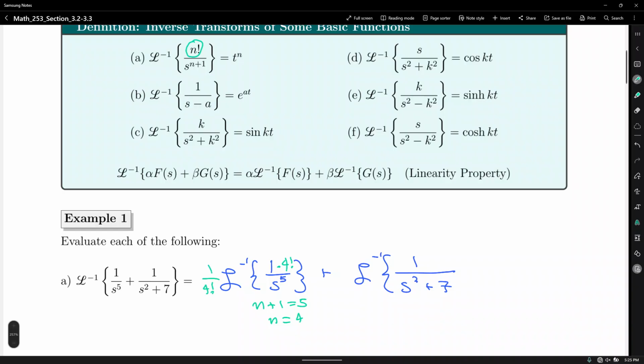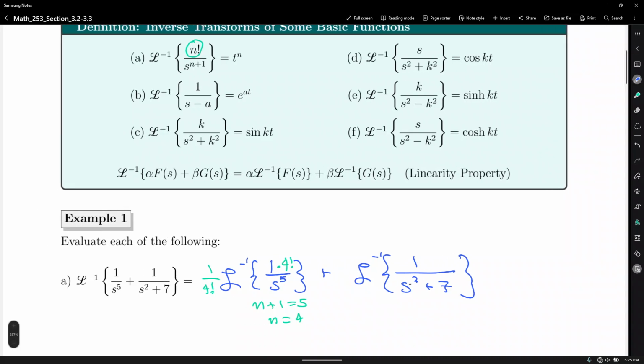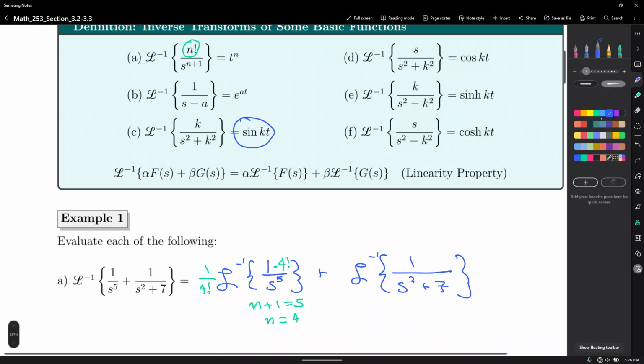All right. So what about the next term? Okay, so we have 1 over s squared plus 7. So we have a number here. We don't have the variable s. So that actually looks like we're finding the inverse transform to get back to the sine function, don't we? But this is not a complete expression. In this case, check this out.